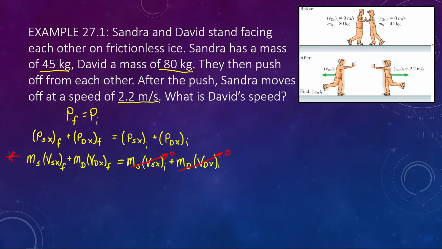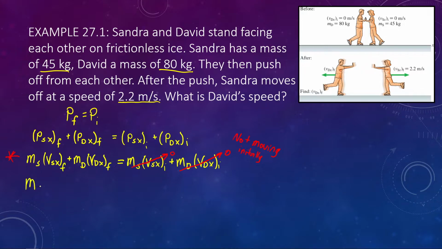So if you want to make a note, this is because they are not moving initially. Their initial velocities are 0, and thankfully, the entire right-hand side of the equation is 0.